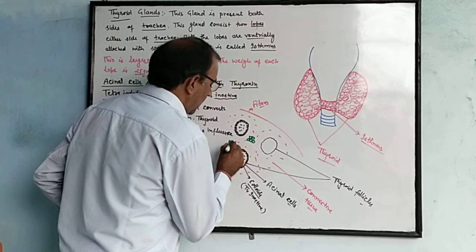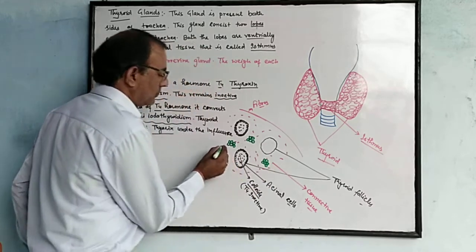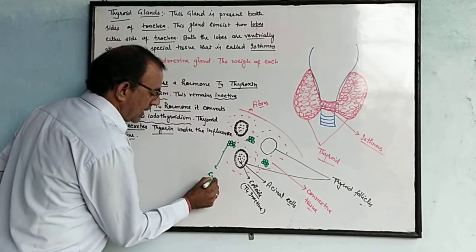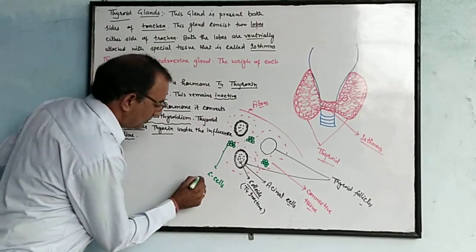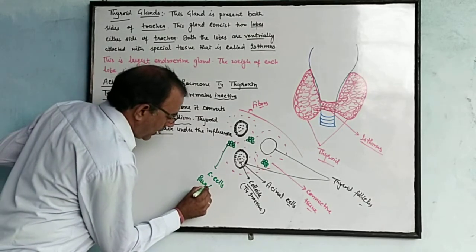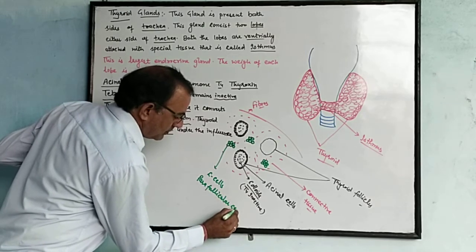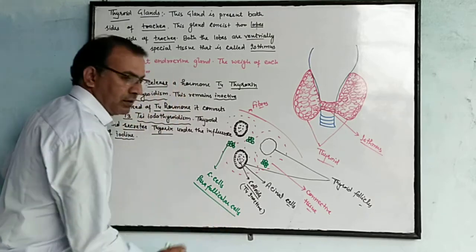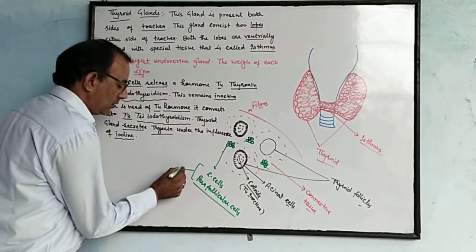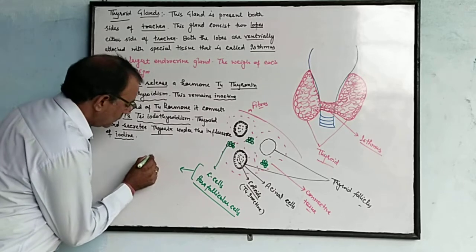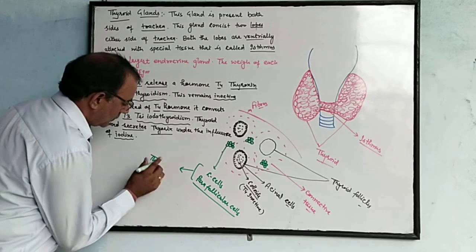These cells are known as C cells, as well as parafollicular cells. These cells also secrete another hormone that is called thyrocalcitonin.